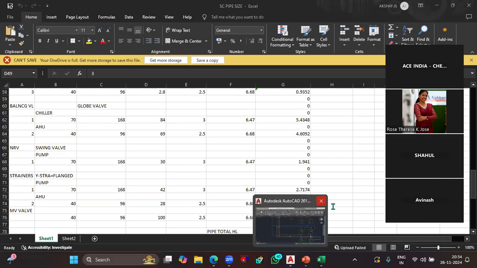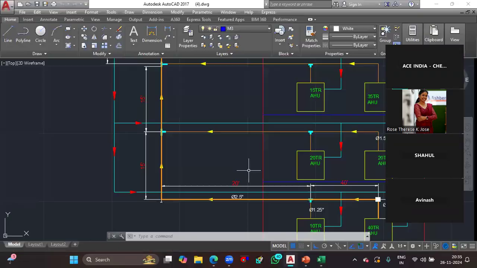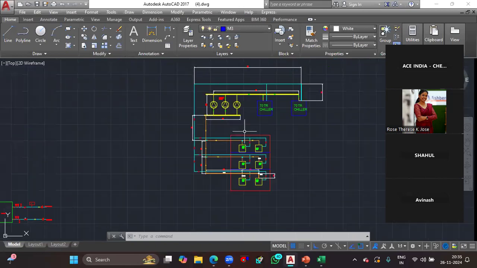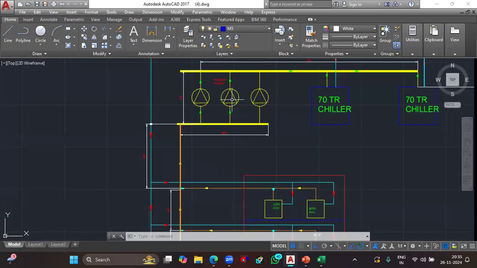So actually, this is our project, and the purpose of doing this project is to find out the actual HP of these primary pump sets.